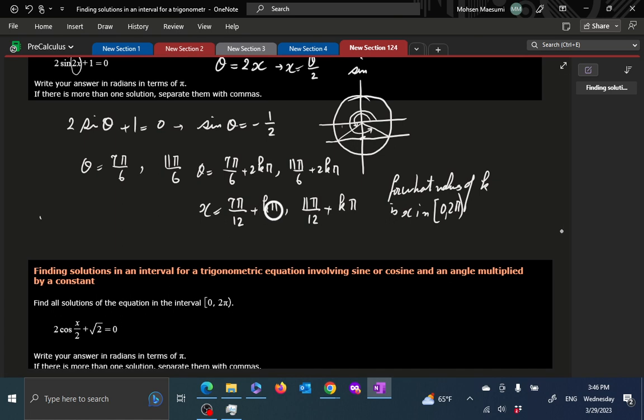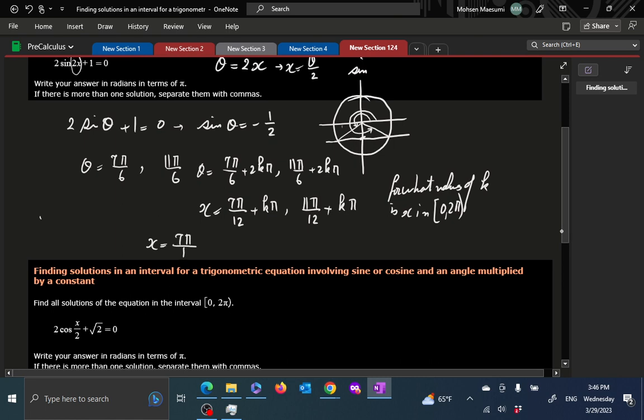If k is equal to 0, obviously I have an answer. So x equal to 7 pi over 12 is already fine.